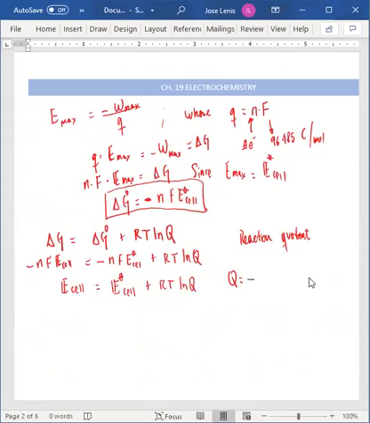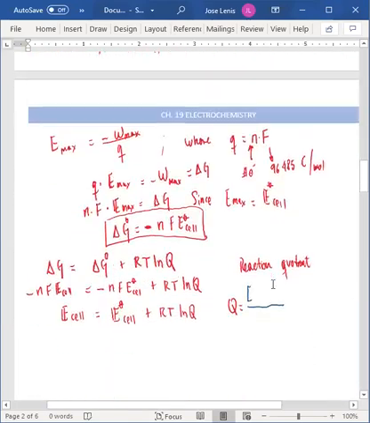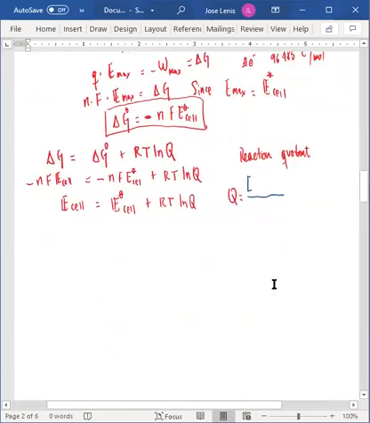So let me rewrite that here again. Reaction quotient will be the concentration of zinc 2+ aqueous over the concentration of copper 2+ aqueous. And that's your Q here, you can replace that.